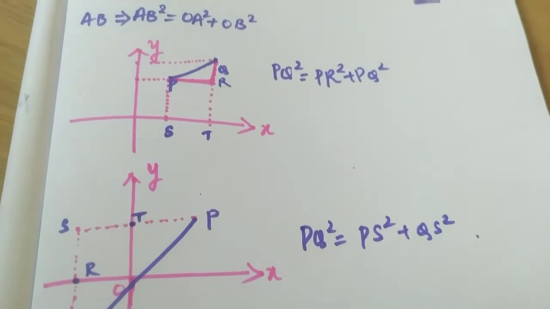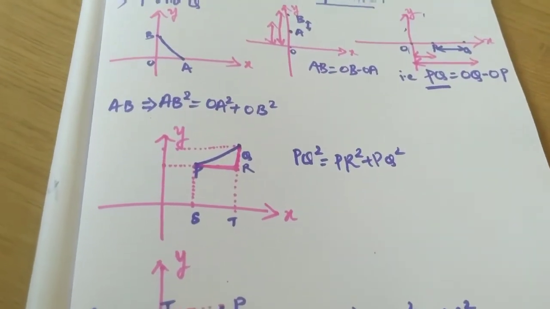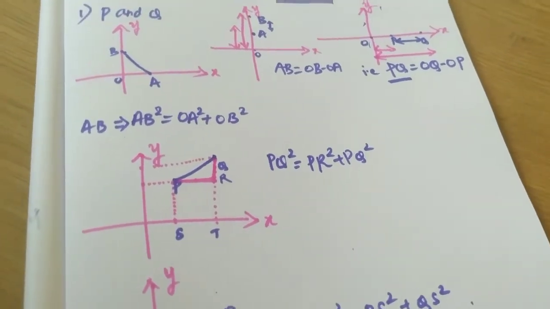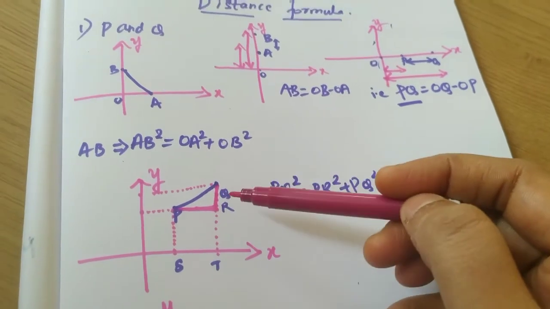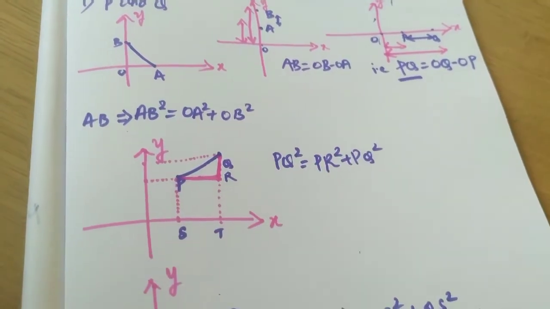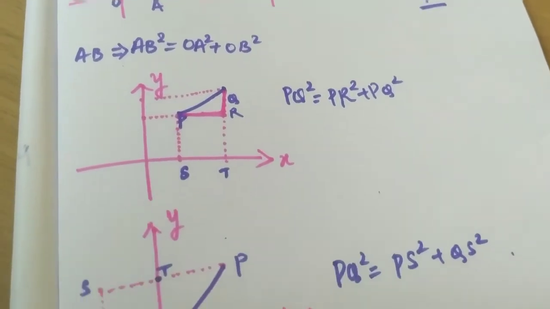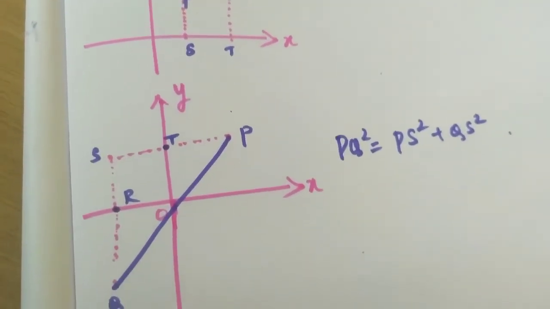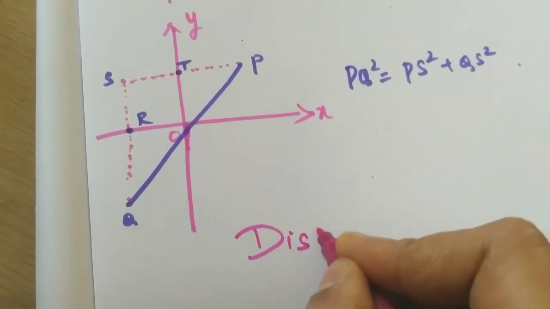So these are the different cases where we apply the distance formula. But every time we will not be able to figure out the values with reference to x and y axis when it is a larger problem. So in that case we have to go for a standard formula, which is what we are going to study, the distance formula.